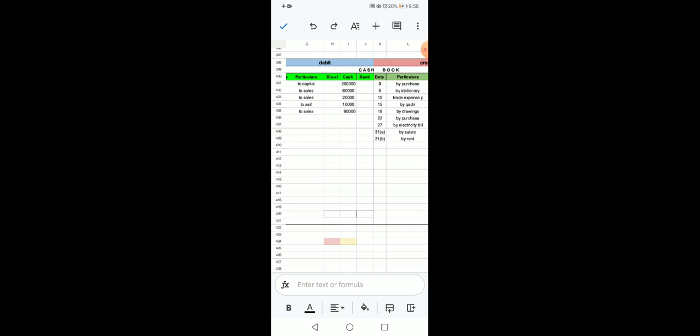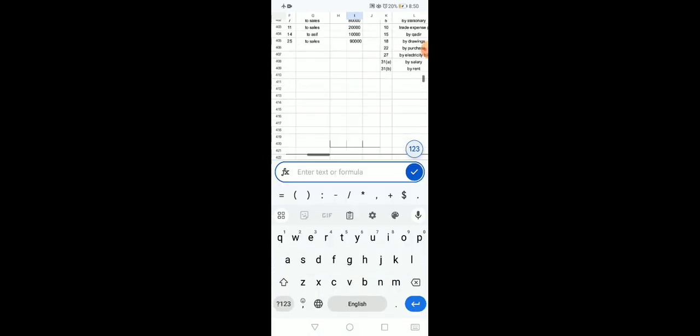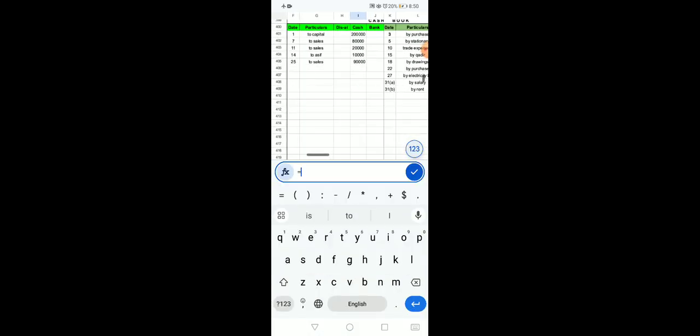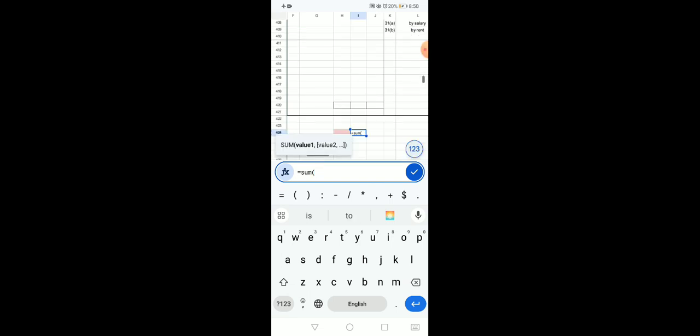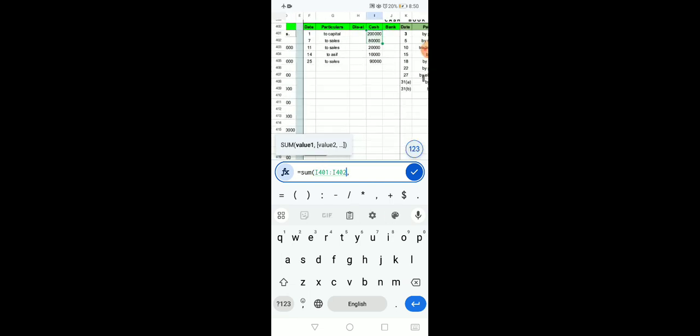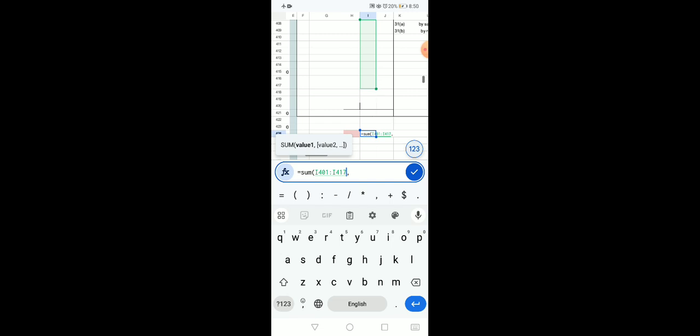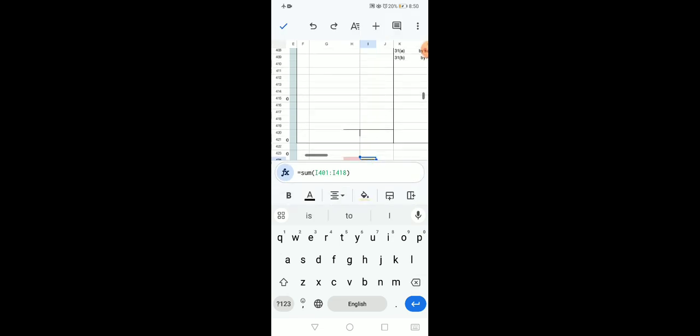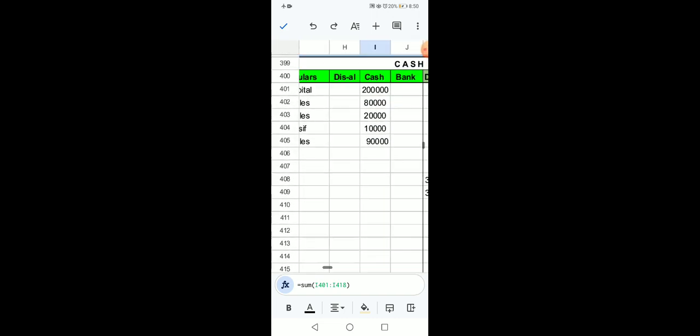Step number one, if you want to balance the cash ledger, you will add all the amounts present on the debit side of the cash book. I will take help from Excel. I will just ask Excel to add all the amounts present on the debit side of the cash book, and here we have the total. What we have done, we have summed up all the amounts present on the debit side.